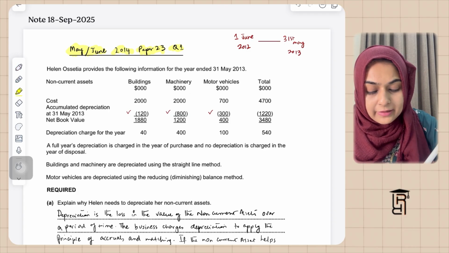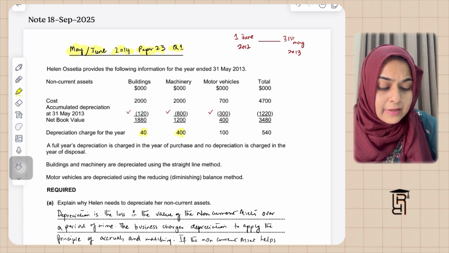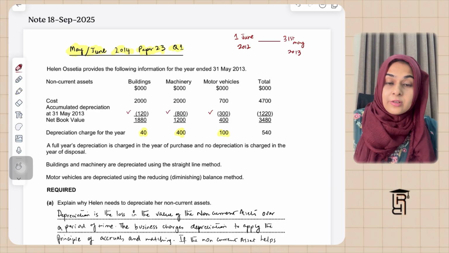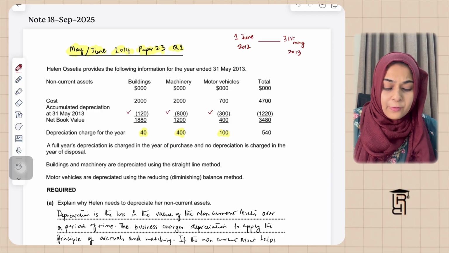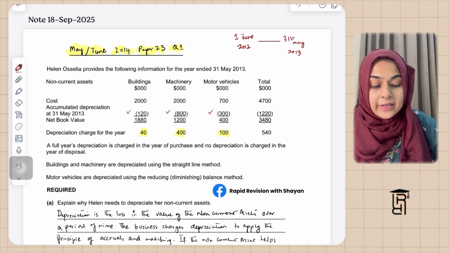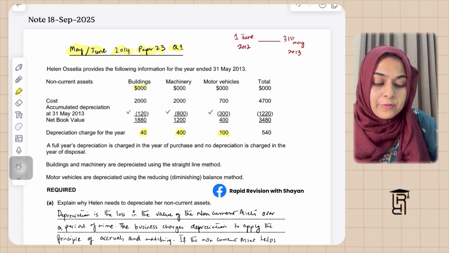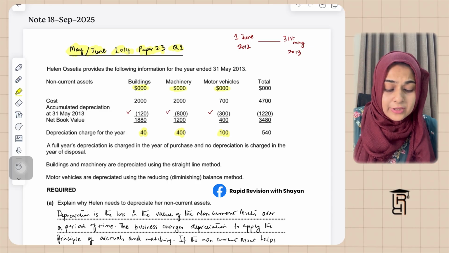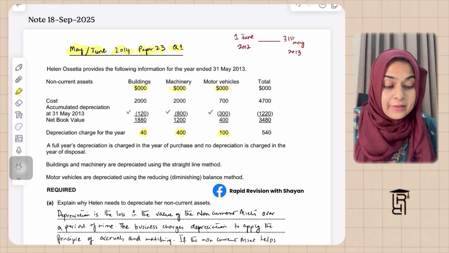So these amounts represent the amount that they have charged in the income statement for each of these non-current assets. So for buildings, they've charged $40,000. However, they have taken three zeros in common. So we are also going to take the three zeros in common in our calculations, in the calculations in the next few parts.